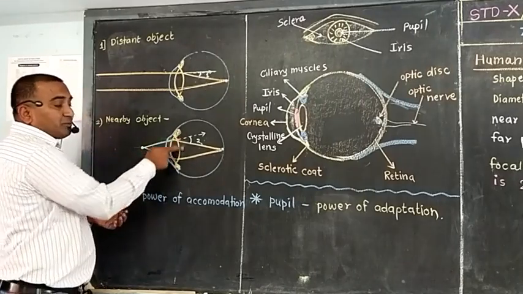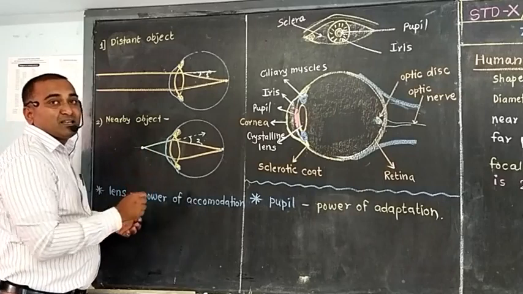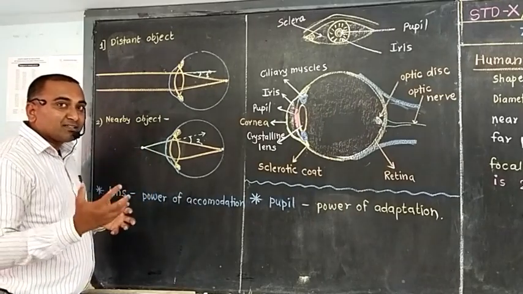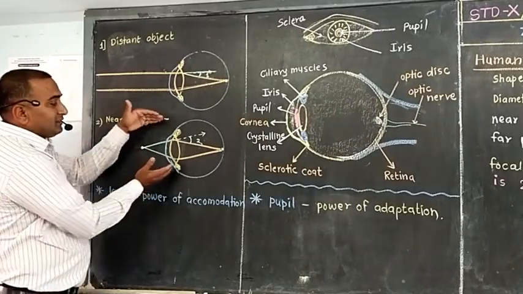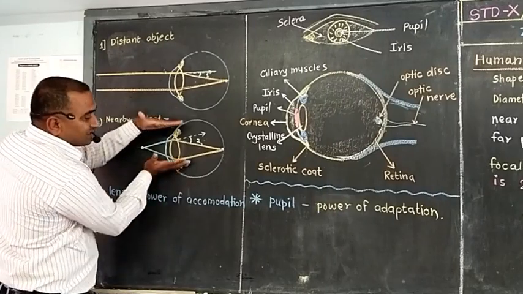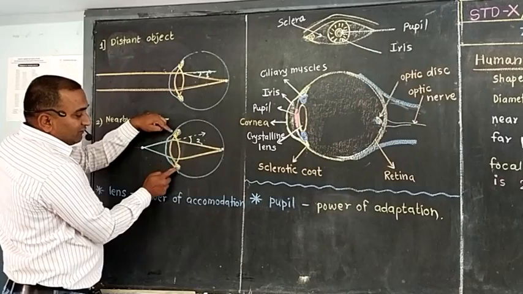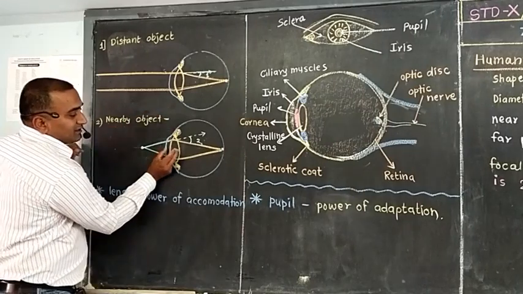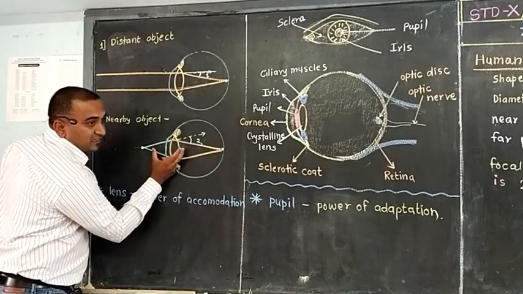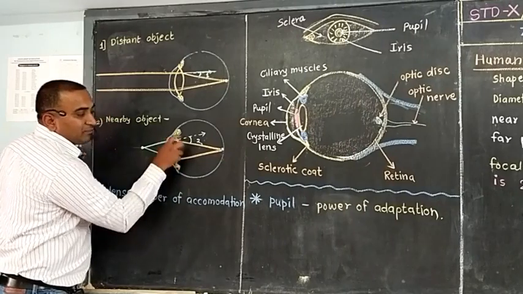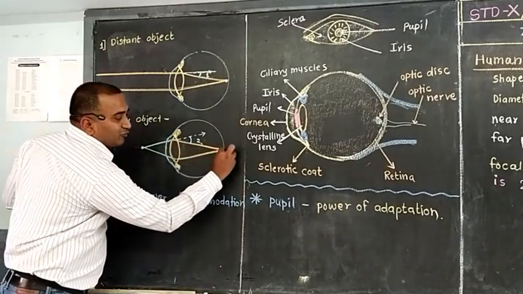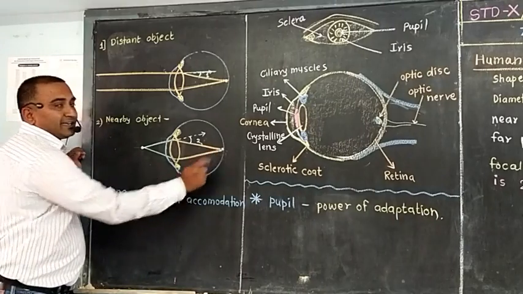Here power should be more, so focal length should be less. To create the smaller focal length, the ciliary muscle presses this lens, and because of the expansion of these ciliary muscles, the lens becomes thicker, and as the lens becomes thicker, power increases, and again focus is maintained on the retina.